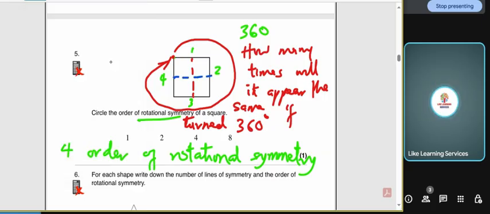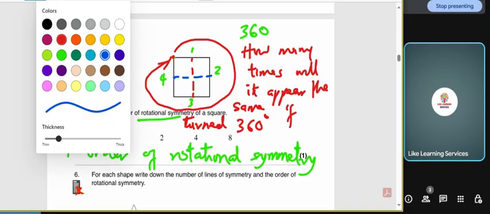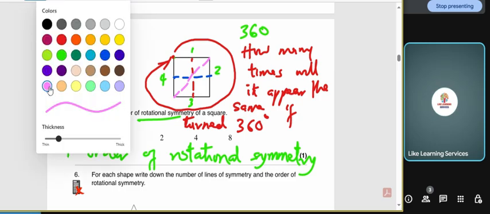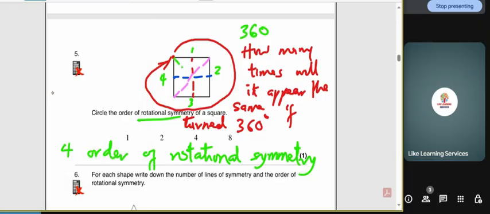Any other one? Going sideways, the diagonals. 3. That's if it's a square. 4. 4 lines of symmetries, but that's different.